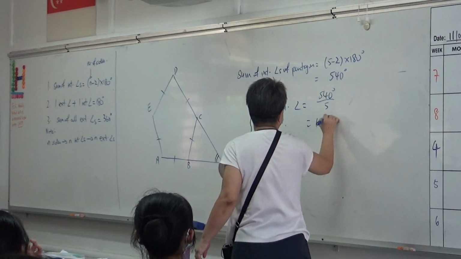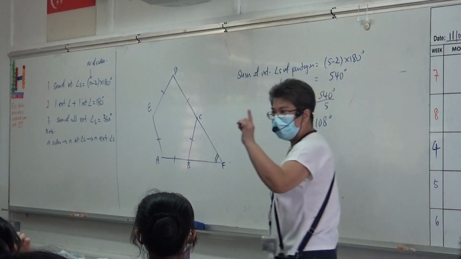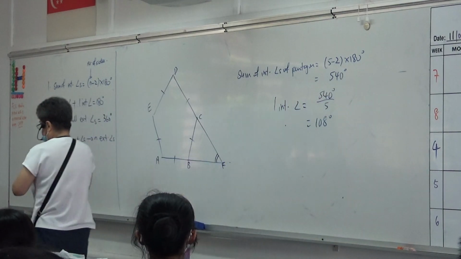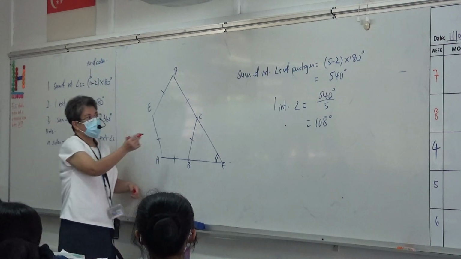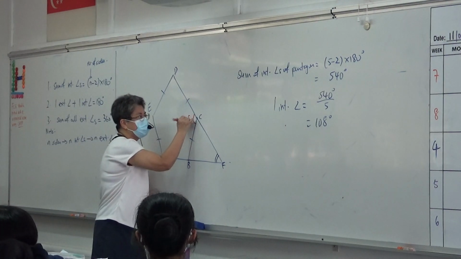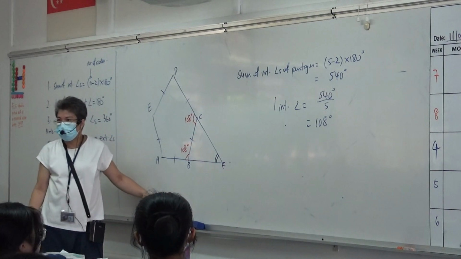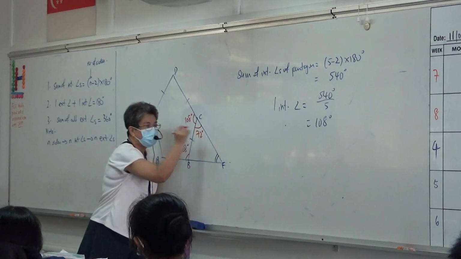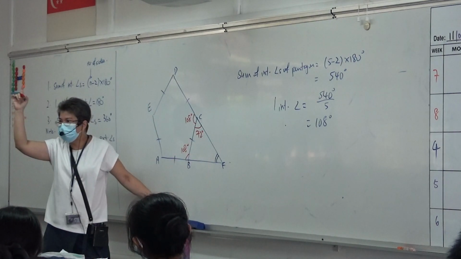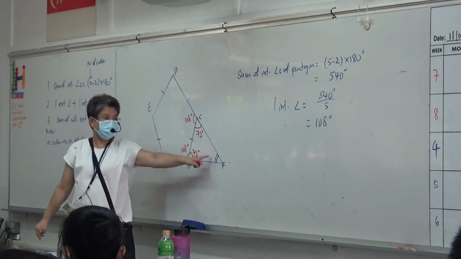Answer 108, right? Alright, all of you look at the board. I'm going to show you something that's important. Now, that means this will be 108, this will be 108, right? How much is this? 72. Why? Adjacent angles on a straight line. How much is this? 72. Can I find this one?